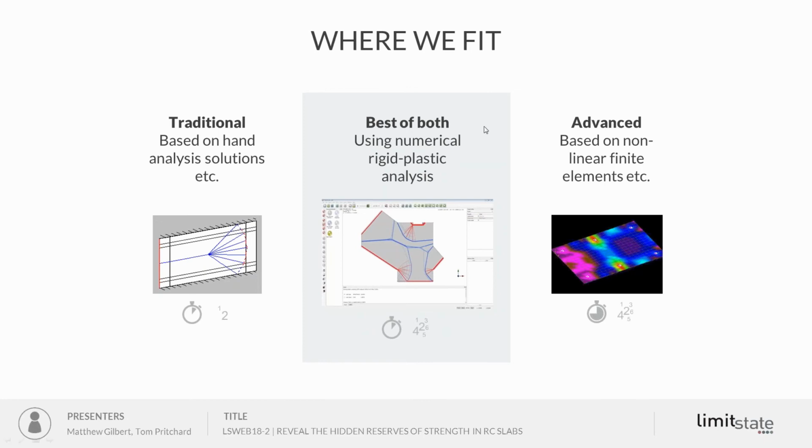So what we're doing is using numerical rigid plastic analysis to allow problems of arbitrary geometry, distribution of material properties, etc., to be solved, and they can be solved very quickly, in a matter of a few seconds. Because we can change many of the key requirements, it means that we can apply the software to a large number of different application types.